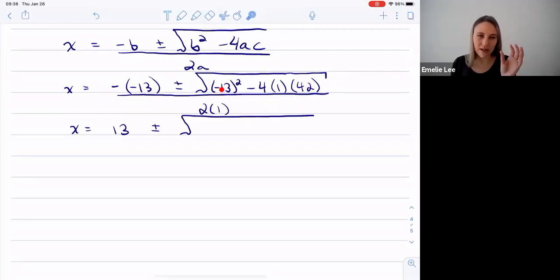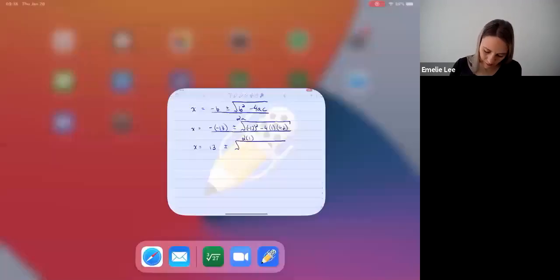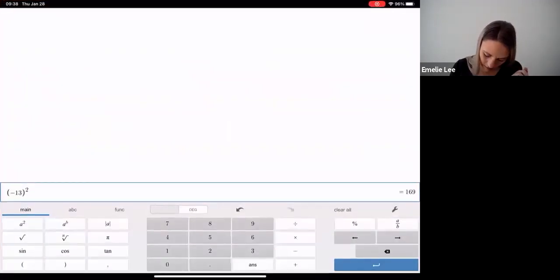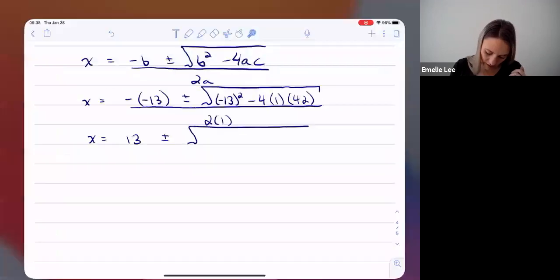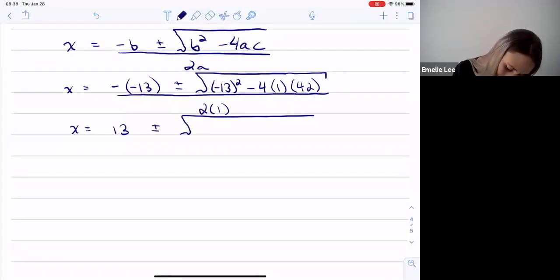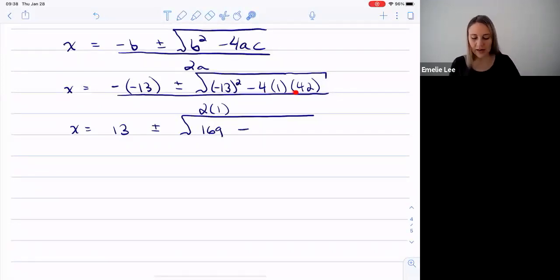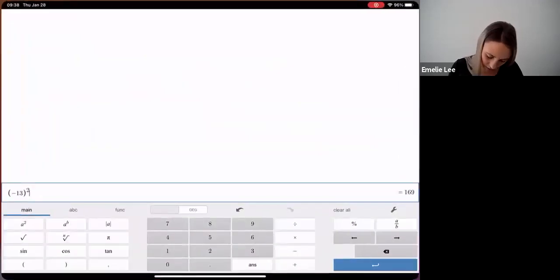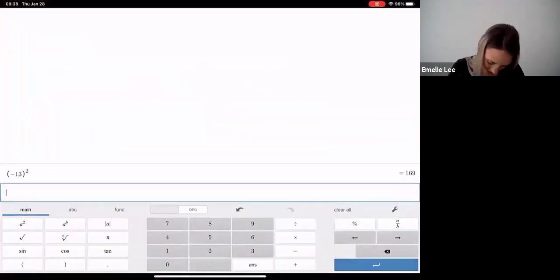I just found that negative 13 squared is 169. Yep, 169, so I'll jot that down. Minus, and then I have to multiply 4 times 1 times 42. So I need to find 4 times 42, which is 168.